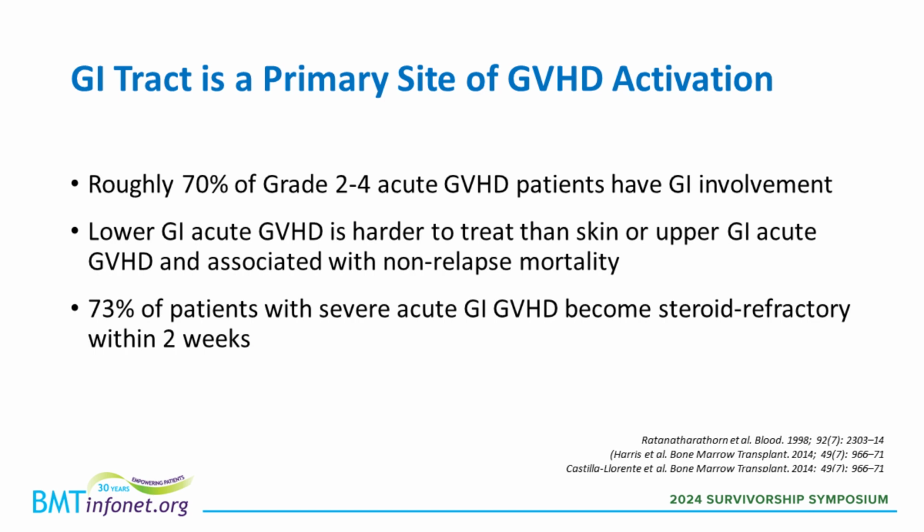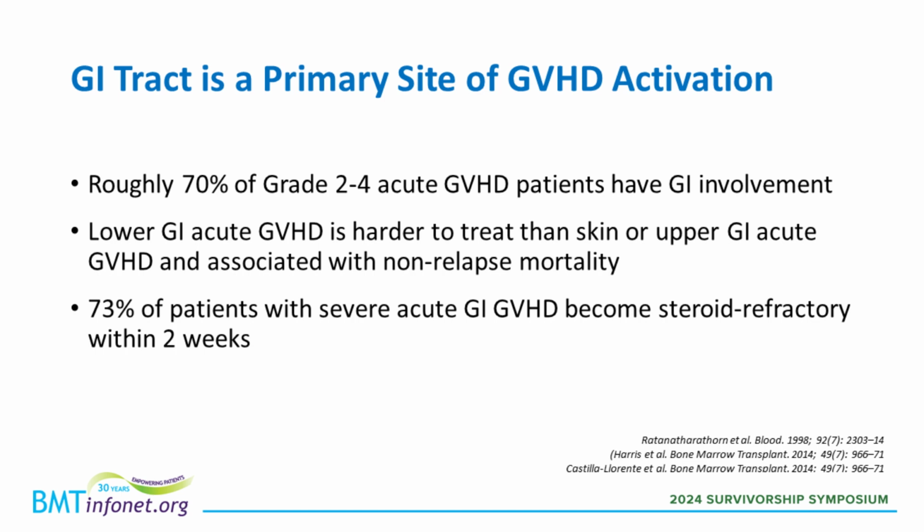So this immune cell activation in our GI tract then stimulates the donor cells that we've just infused into the patient and leads to more inflammation and sets off graft-versus-host disease. And so the GI tract is really a primary site of activation for GVHD.